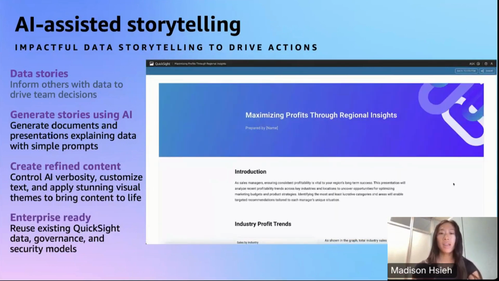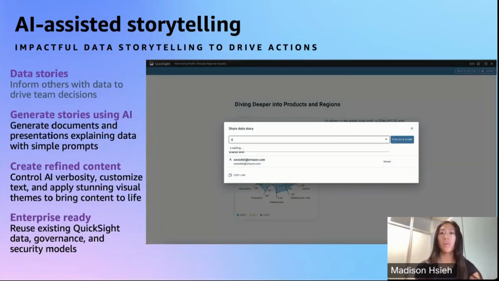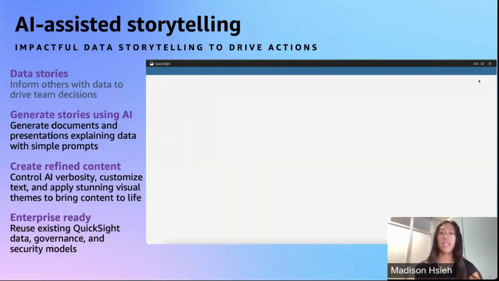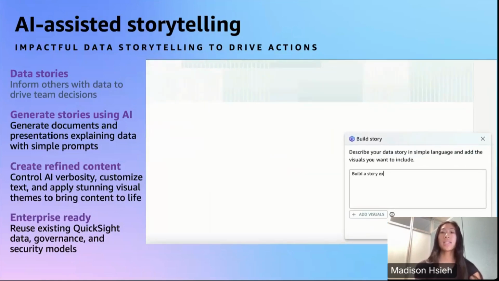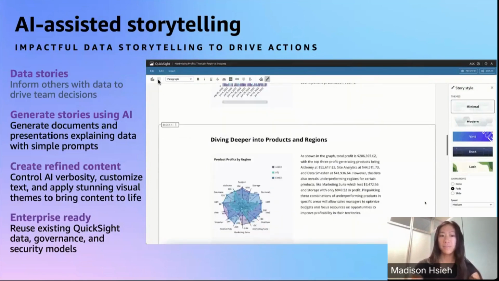And then you can generate that through the data stories, and Amazon Q will, in the back end, give you a story that's related to both the context of your prompt and also the insights found in your visuals. So it'll pull out relevant visuals and put them into your story and give data points that support your story's purpose. And you can see that here.